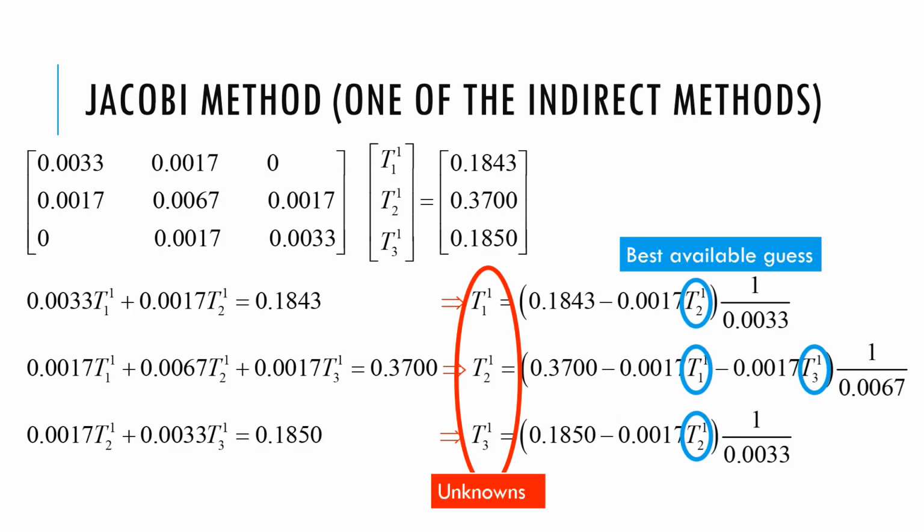So instead of the direct method that we just did for solving these three equations, these being the unknowns, what we did in the direct method is using these two, we eliminated this one.